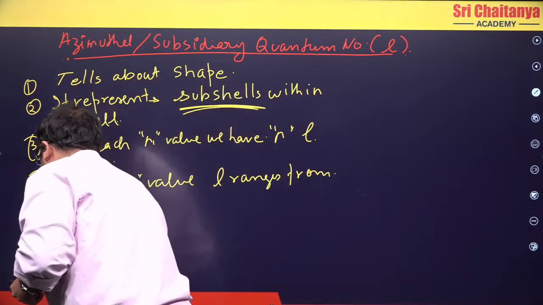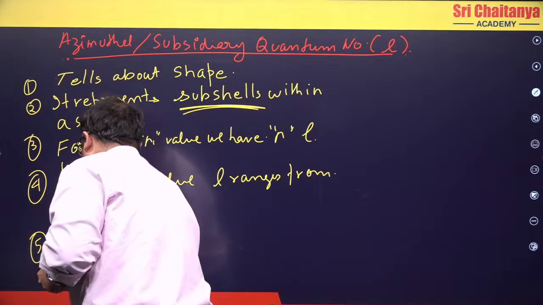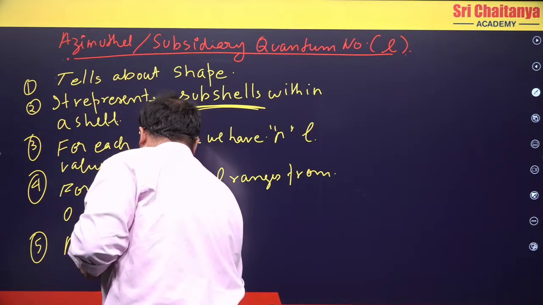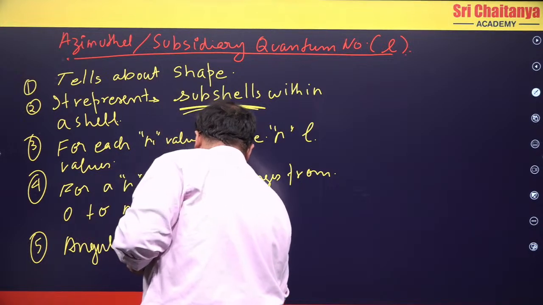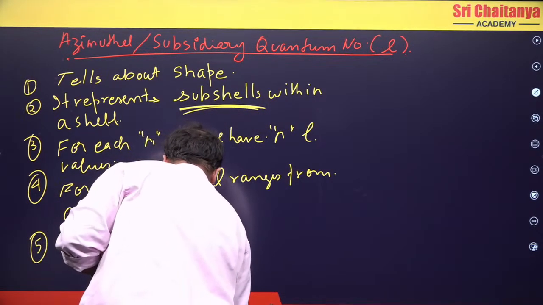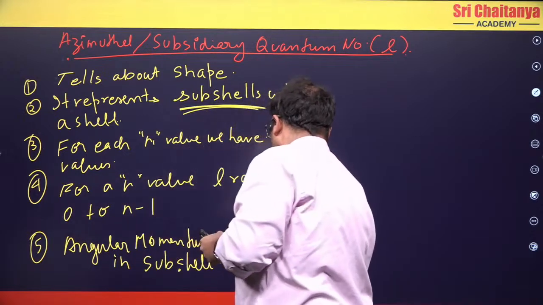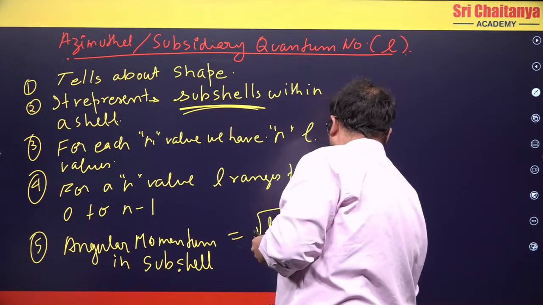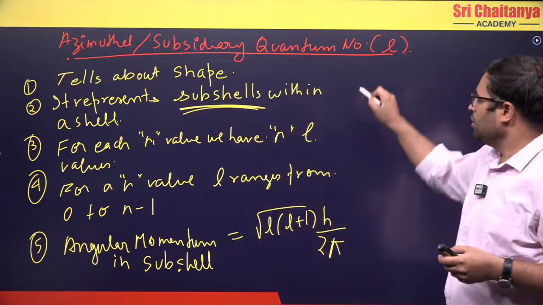And finally, the angular momentum in a subshell is given as square root of L(L plus 1) h by 2pi, right?